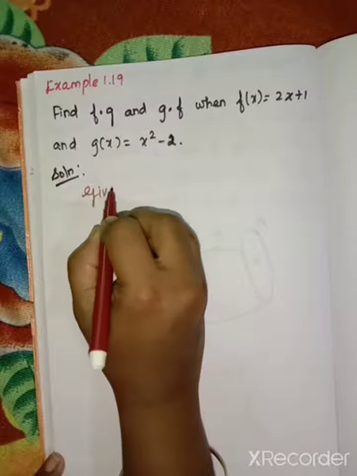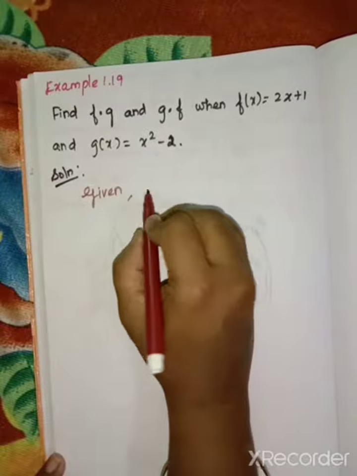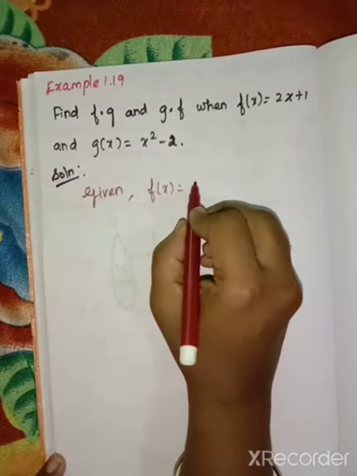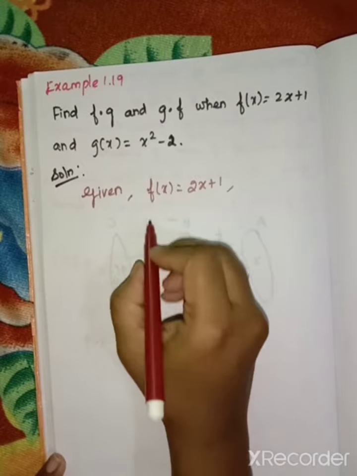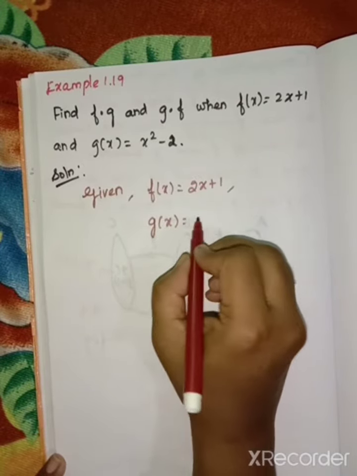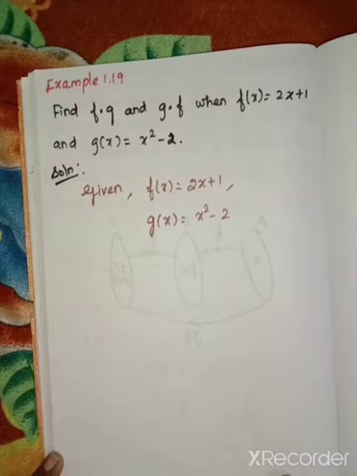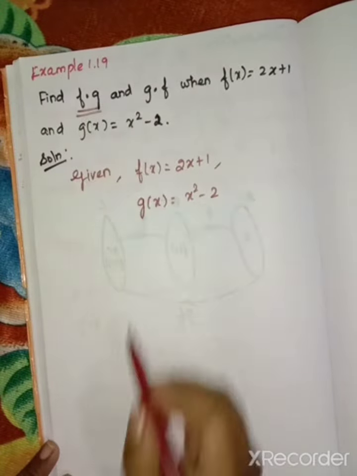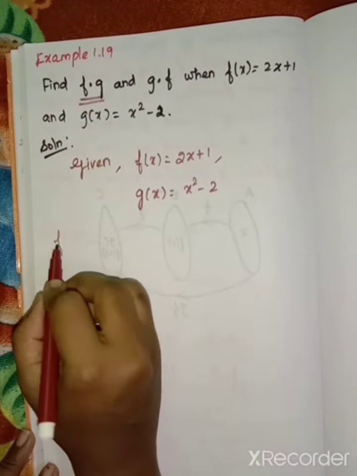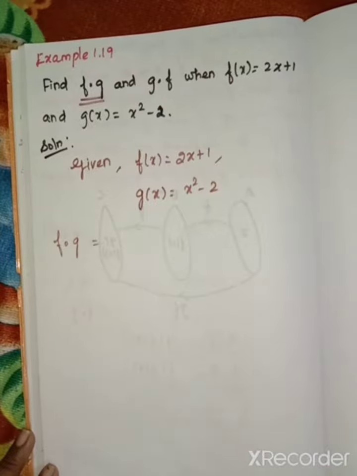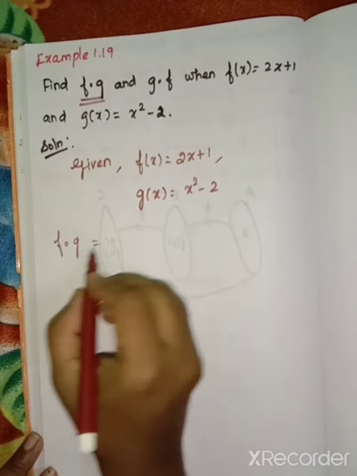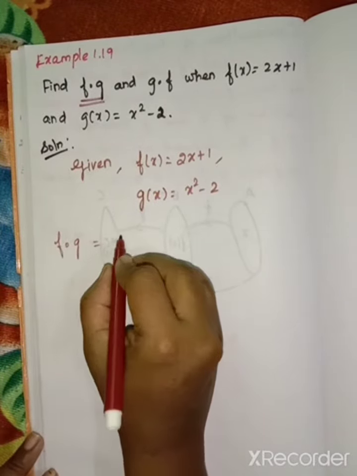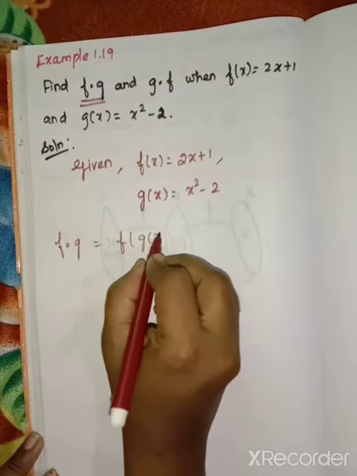So given is f of x and g of x. f of x equal to 2x plus 1, g of x equal to x squared minus 2. So first of all, we want to find f of g. So f of g equal to, first write f of g of x.